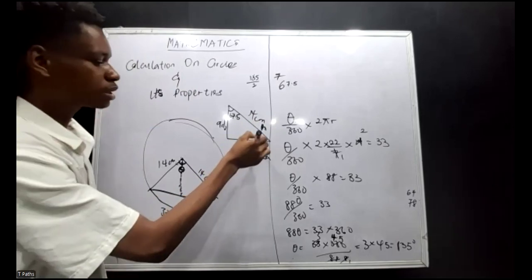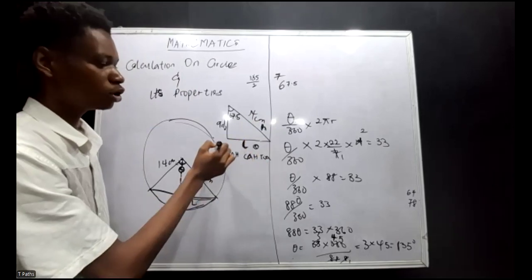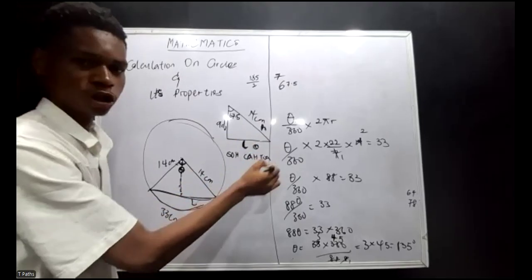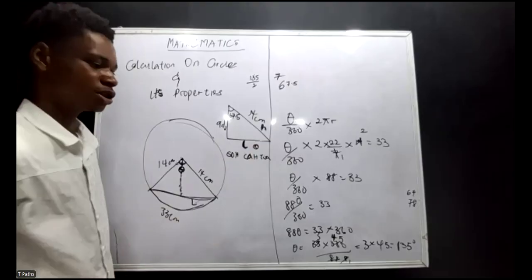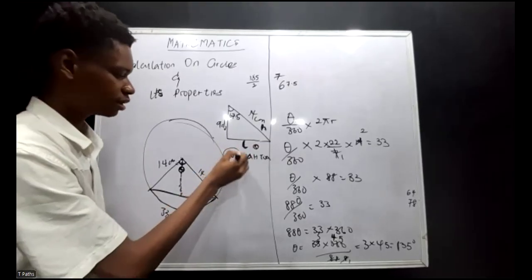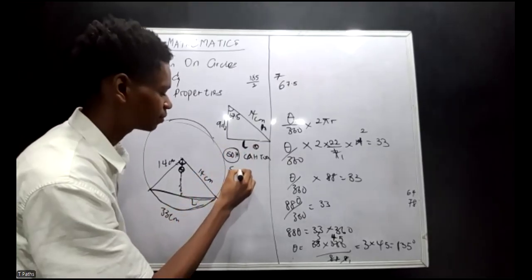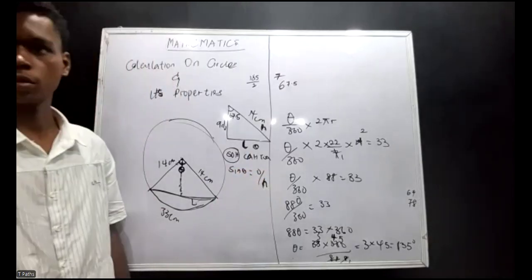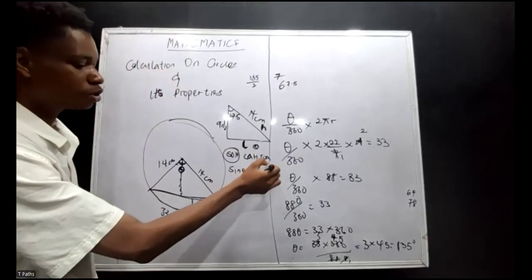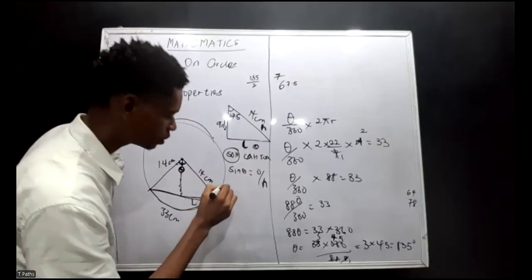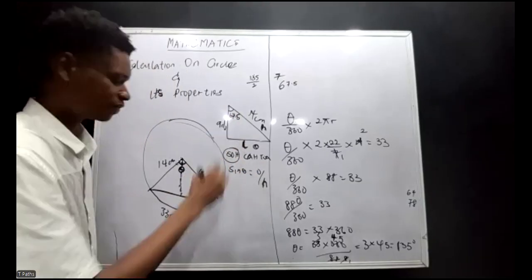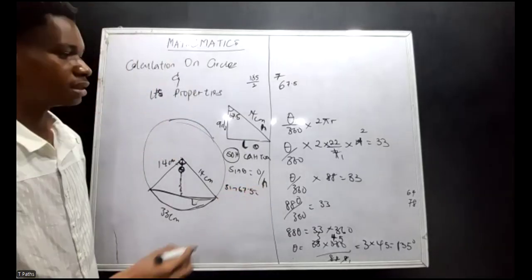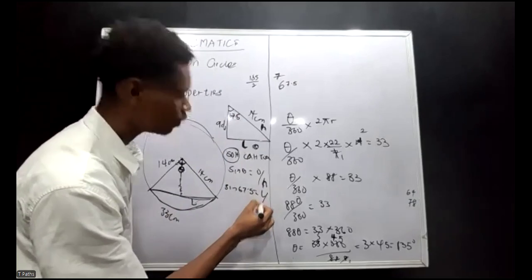Which of these trigonometric functions uses opposite and hypotenuse in evaluation? It is sine. So sine theta is equal to opposite over hypotenuse. My theta is 67.5. So sine 67.5 is equal to opposite, L, over hypotenuse.